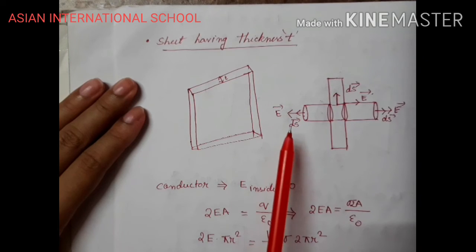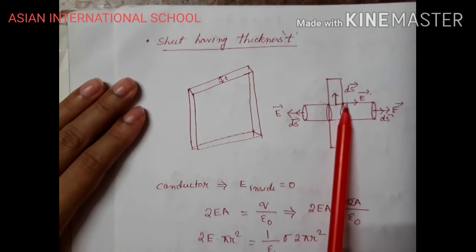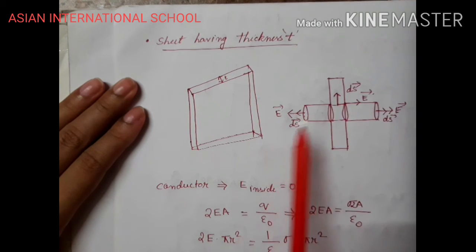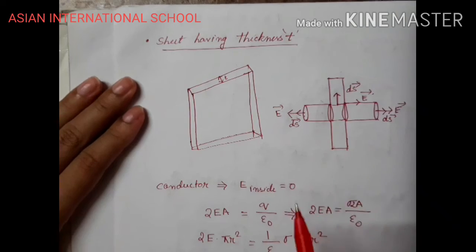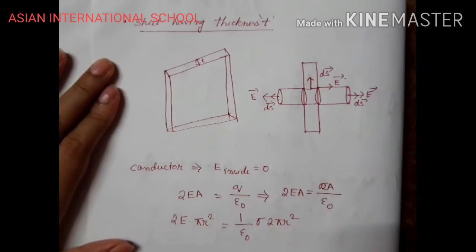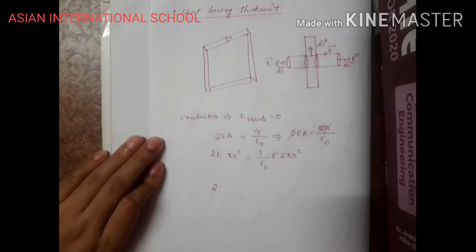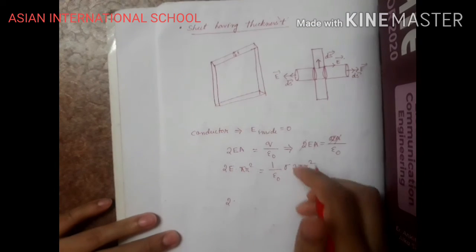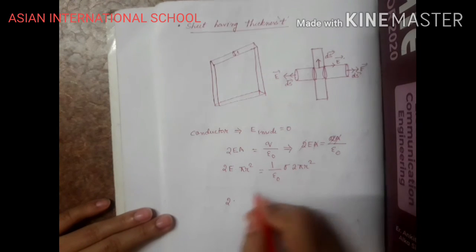You will get area for this surface as well as for this surface. The charges are there on two separate surfaces, not on one surface. So from here you can calculate your electric field. After that, A gets cancelled out.